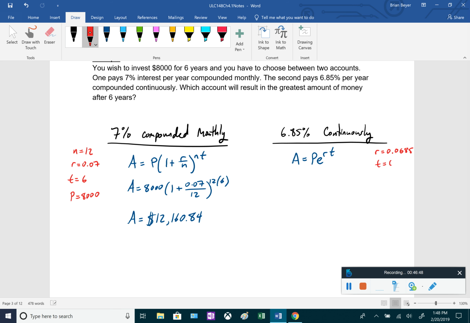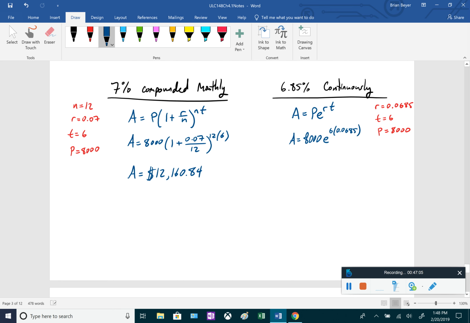The T is still 6, and the P is still 8,000. So we plug all of this in. It's going to be 8,000 times e to the 6 times 0.0685.